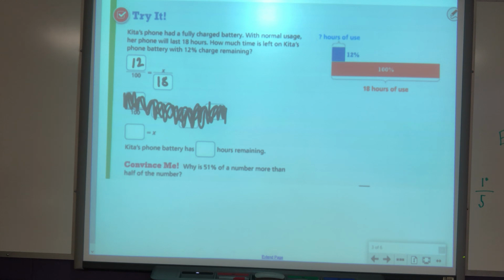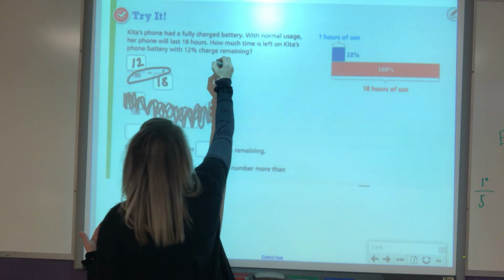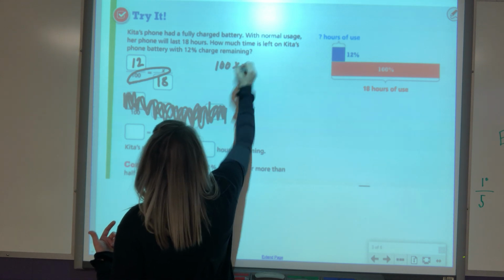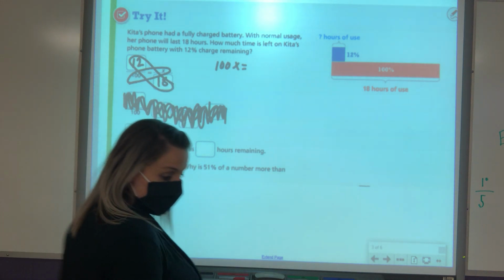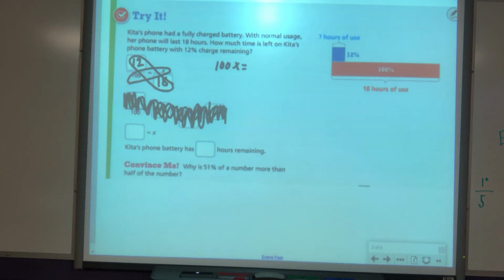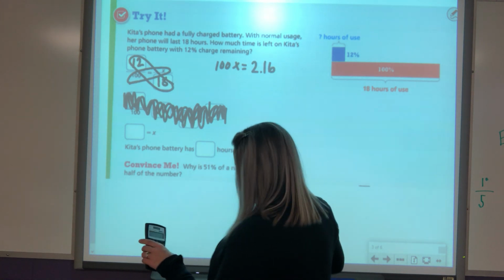so now this is flip-flopped. We have our percent ratio on the one side and then our part to whole ratio on the other side. Does it change how we solve the problem? No, it doesn't change how we solve the problem. We still can use cross products. So 100 times x and then 12 times 18.